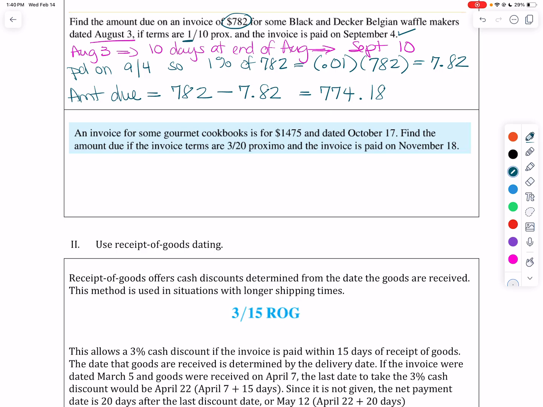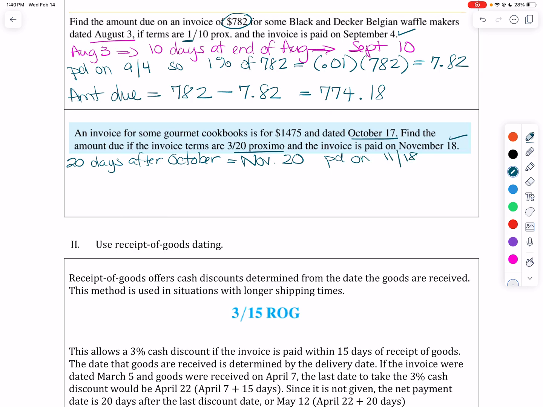All right, on this invoice, we've got 20 Proximo, and it was dated October 17th. So 20 days after the end of the month of October would be November 20th as the last day of getting the discount. Well, they paid on November 18th.